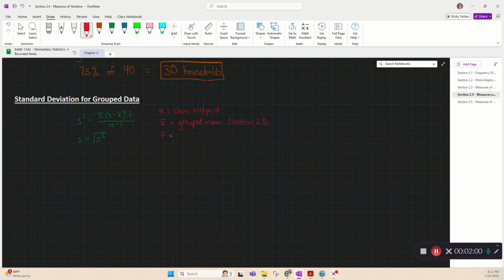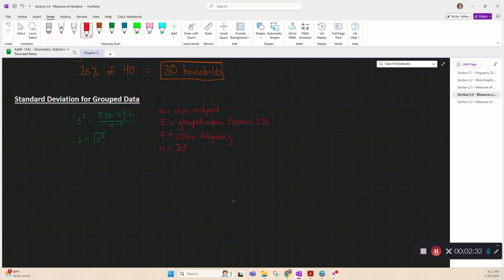F is the class frequency. My handwriting is atrocious. And then N is equal to nothing more than the sum of the frequencies.